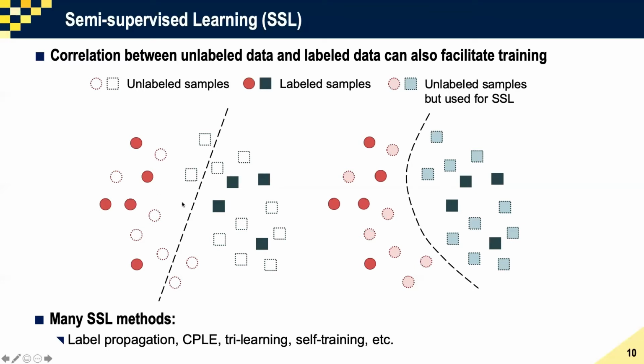If we only train a model on the labeled data, we may get a model that does not perform so well due to data insufficiency. However, if we also know the distribution of unlabeled data, then it is possible to get a more reasonable decision boundary. The learning method that uses both labeled data and unlabeled data is called semi-supervised learning.